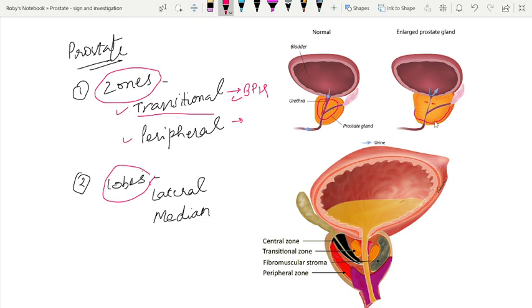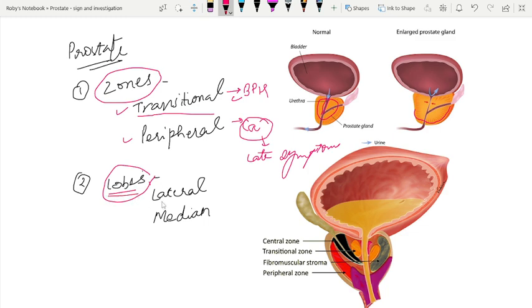Anything present in the peripheral zone will cause symptoms in late stages. Peripheral zone is prone for CA. That's why in CA prostate, the symptoms are late symptoms.